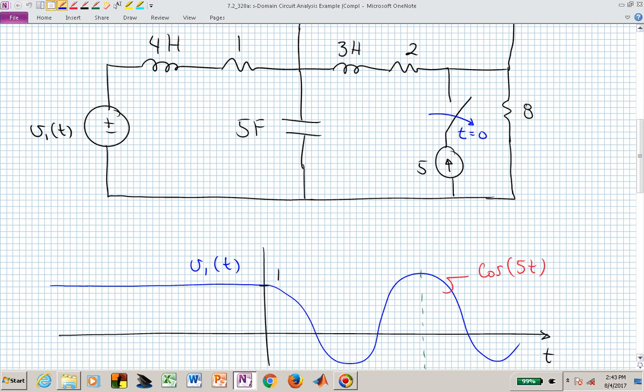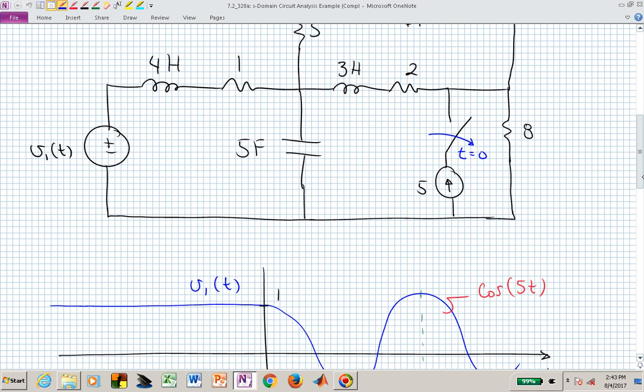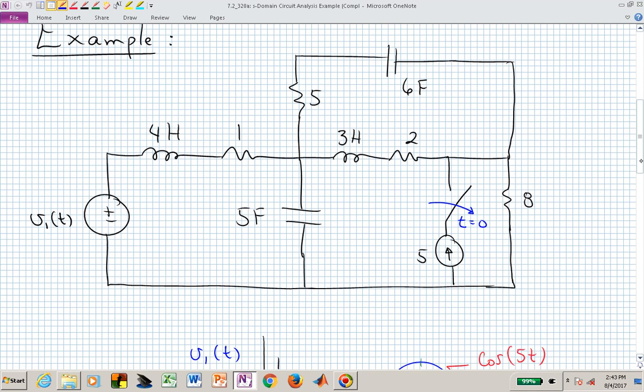After time t equals 0, that's going to play with this 5 amp current source to establish the initial conditions. And notice that this current source is a constant. This v sub 1 of t is a constant prior to t equals 0. So we will have initial conditions associated with these energy storage devices.